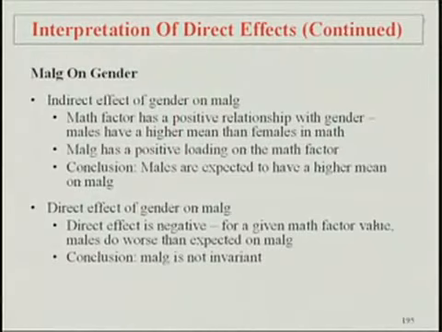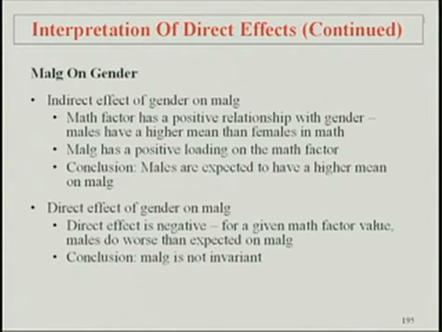And the same thing for math algebra. Math factor has a positive relationship with gender, so males do better. And math algebra has a positive loading, so you expect the males to have a higher mean. They're higher on the factor.